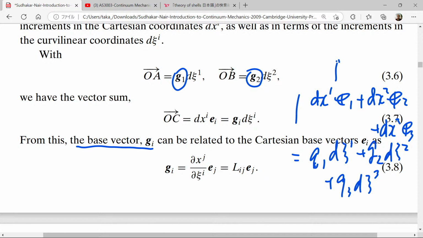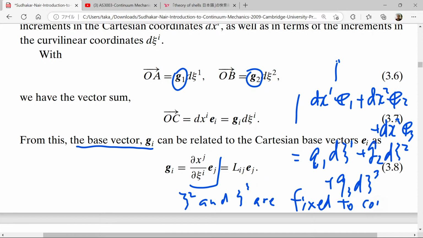Here, because this is a partial derivative, xi2 and xi3 are fixed to constant. So these are fixed to constant. Then we take a partial derivative of this with respect to this.